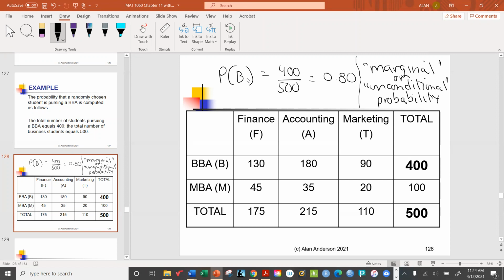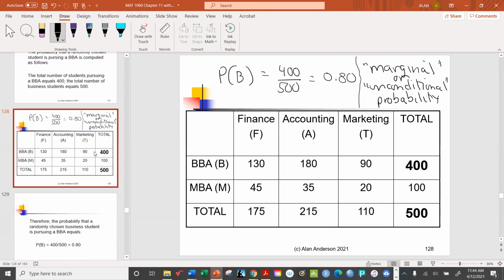Okay, and you notice it comes from the total of this first row. So these in here are the joint probabilities in these rows and columns, but these sums all are used to provide us with marginal or unconditional probabilities. So this probability, as you can see, is 80%.